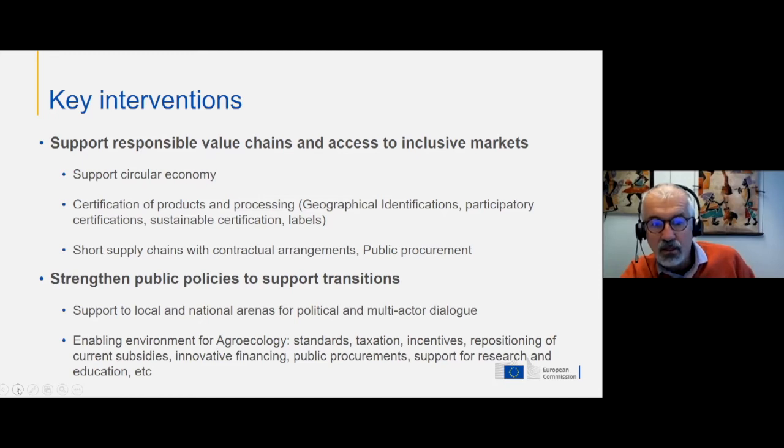It is necessary to work within an environment that is favorable to agroecology. So we've identified a certain number of tools that are important. The standards are very important.